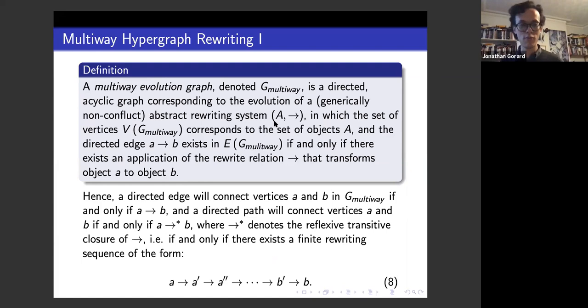So in other words, two hypergraphs A and B are connected by a directed edge if and only if there exists a direct typed hypergraph transformation from A to B, and they're connected by a directed path if there exists any hypergraph transformation from A to B. In other words, they're related by the reflexive transitive closure of the rewrite relation, or there exists a sequence of direct hypergraph transformations that gets you from A to B.